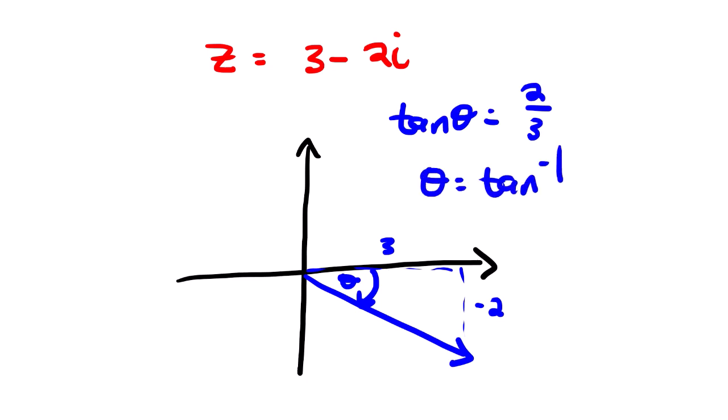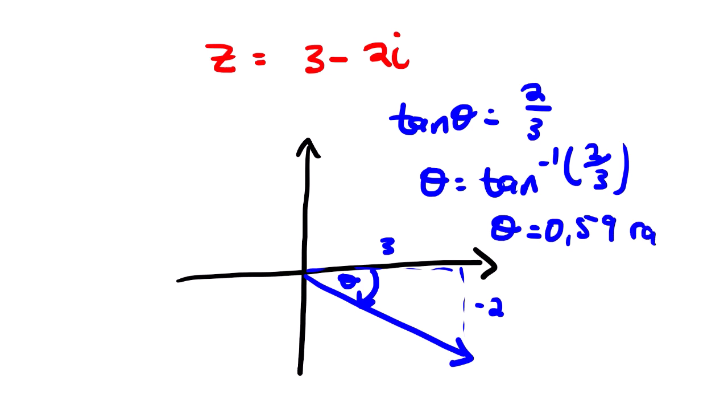Theta is tan inverse of 2/3, which is 0.59 rads. But you should know that this is not the argument of this complex number. Since it's on the negative side, I mean it's clockwise, it should be a negative angle.